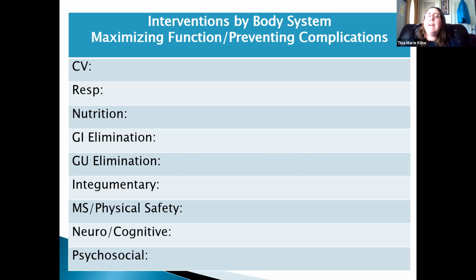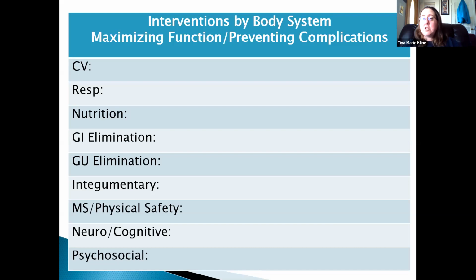Integumentary. Big issue when you have decreased mobility: increased risk for skin breakdown. They're going to be at higher risk for skin injury, because if they have a nutritional issue or a hydration issue, you need those building blocks to keep skin intact, as well as heal skin that has become non-intact. So repositioning is important. Skin care is very important.